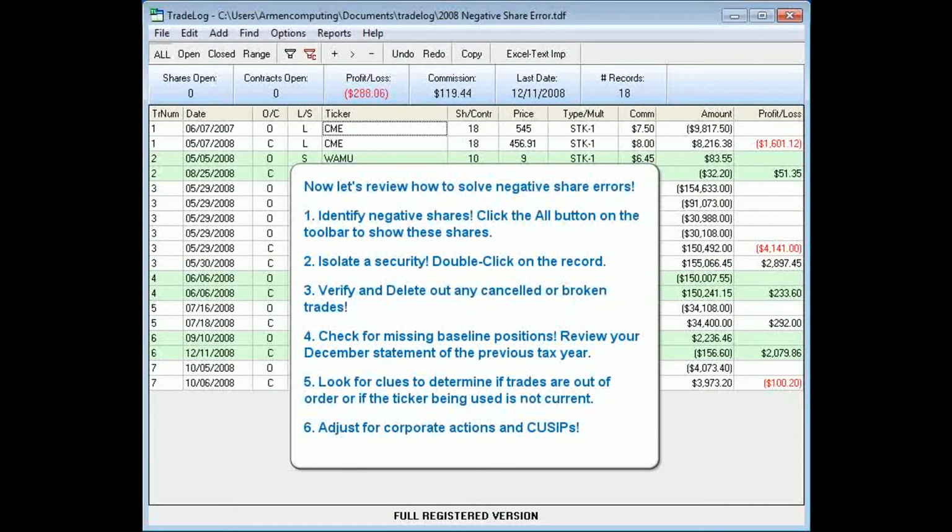Check for missing baseline positions. Review your December statement of the previous tax year. 5. Look for clues to determine if trades are out of order or if the ticker being used is not current. And 6. Adjust for corporate actions and CUSIPs.